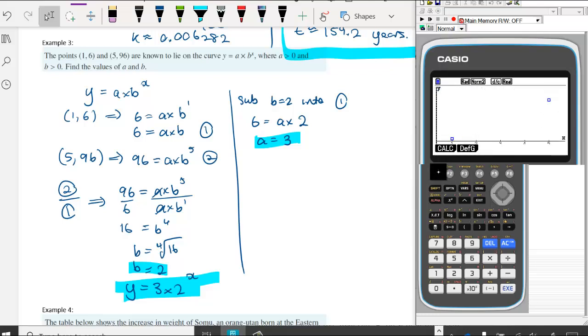We've got our 2 points there, and we go into calculate and exponential. We can see we get the same thing. A is 3, B is 2, and so on.